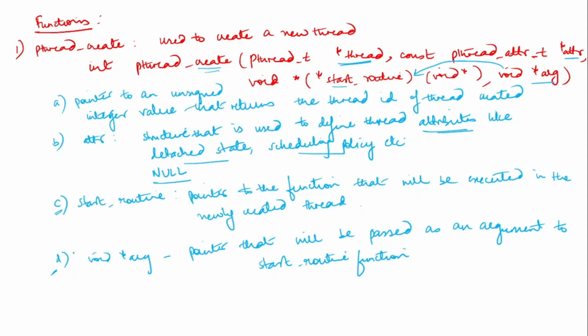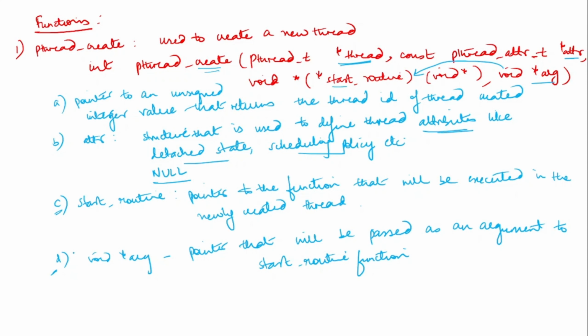If not, then it is set to null. Initially, the majority of the time it is set to null. Third is the start routine, which is a pointer to the function that will be executed as soon as the thread is created. And the void star argument is a pointer that will be passed as an argument to this start routine function.